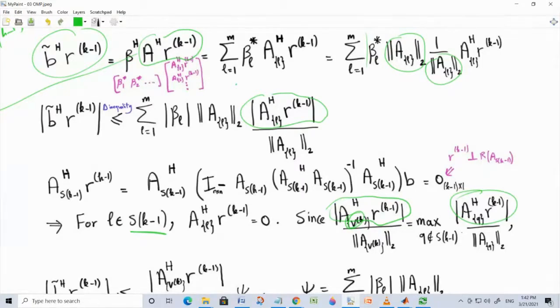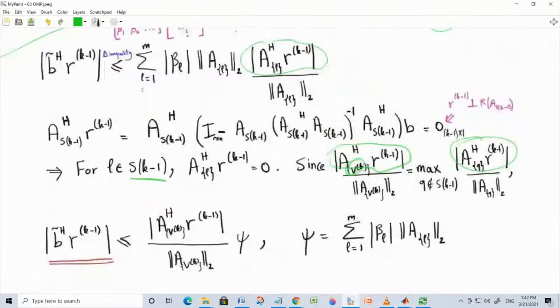So the trick here is that whenever l is in S_{k-1}, those terms are zeros, and whenever l is not, they are upper bounded, and we can replace this l by v_k. So we upper bound this term by A v_k, and for the remaining summation, you could say it should exclude S_{k-1}, but that is not a problem.